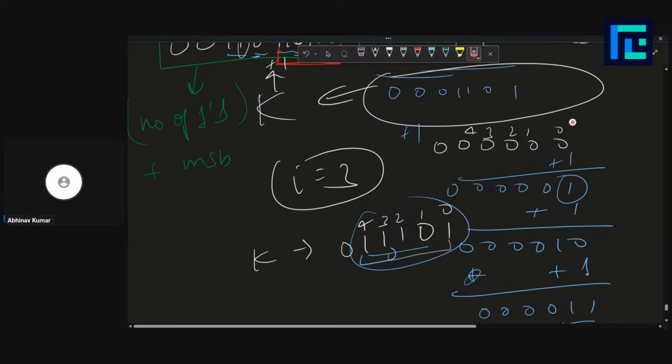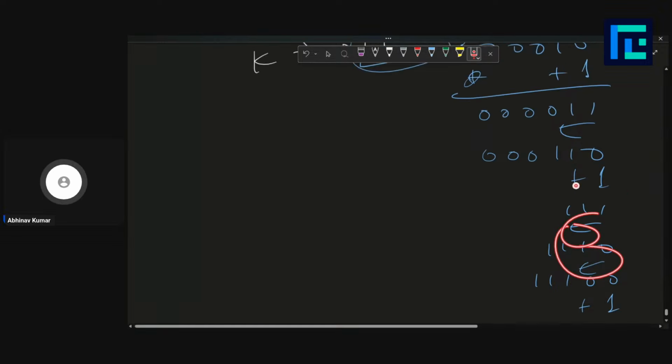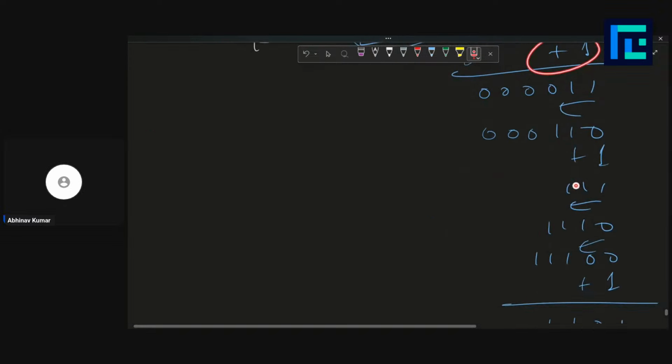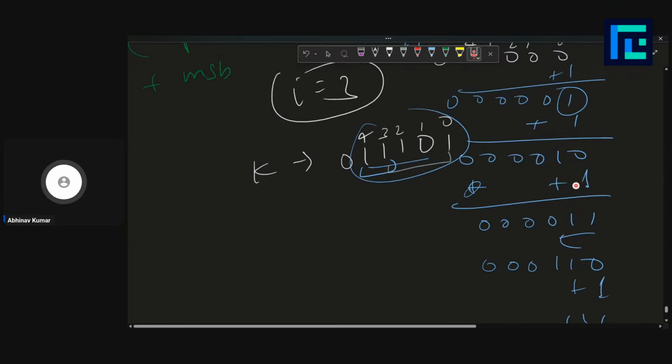Here, if you had 4 left shift operations, you would have done it using 4 plus 1 operations. But since you only had 3 left shift operations, the number of plus 1 operations required was 5 instead of 4.